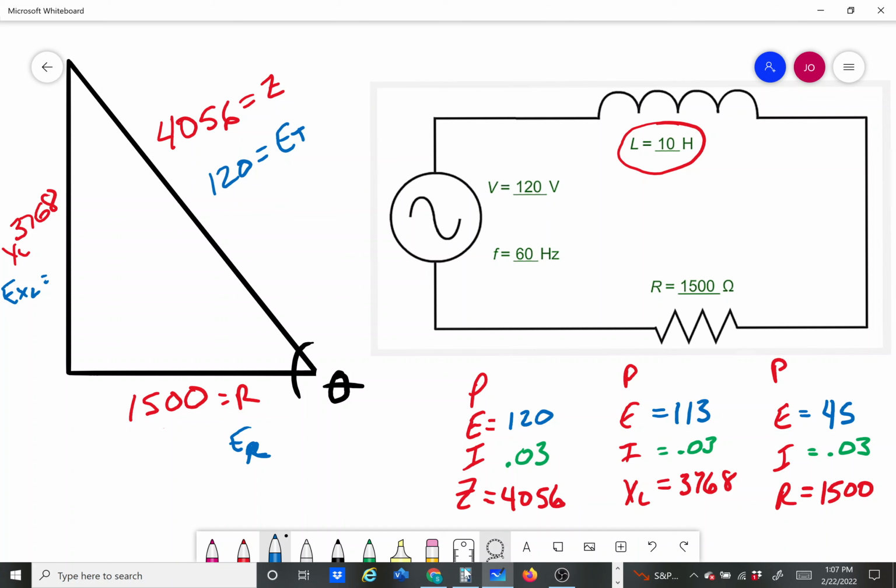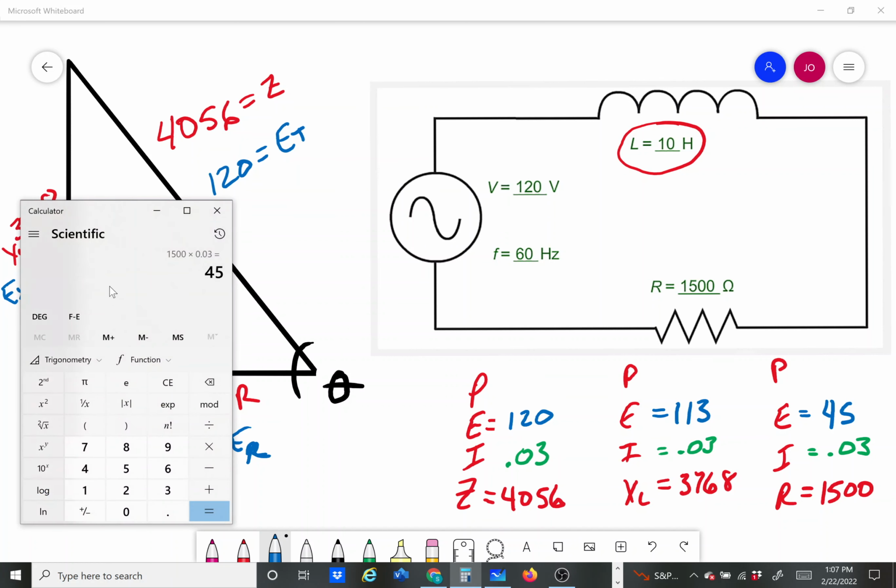All right. So I'm going to go ahead and check that before I make too big a mistake here. So I'm going to say 113 squared plus 45 squared equals that. And I'm going to take the square root of that, and it's 121.63. So we're close enough. Remember, we rounded that current, and we also rounded the voltage value of our inductor.